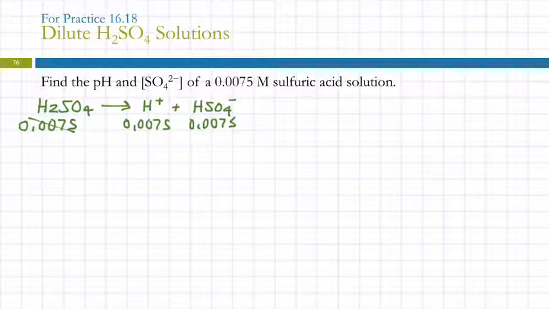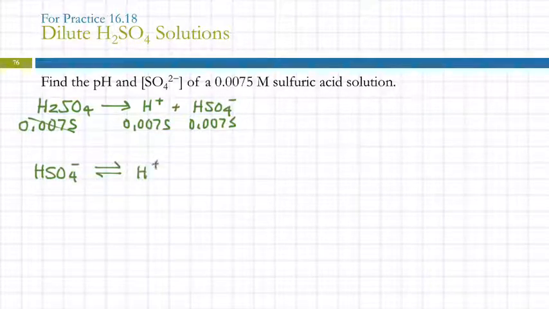We don't really need an ice table or anything. There's no Ka to look up. It goes to completion. So all of this is gone, and we've made this. Now we're going to look at this one losing its proton. So now we're going to have HSO4 minus, and this is weak, and so it's going to lose a hydrogen ion and form sulfate ion. So now we will make our ice table.